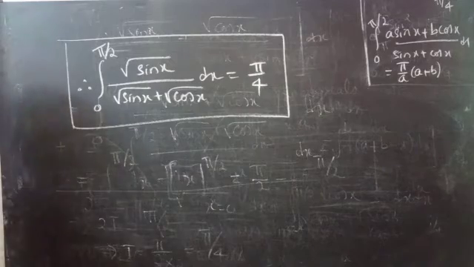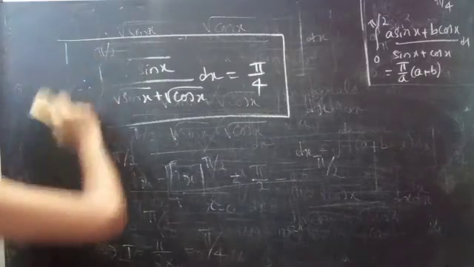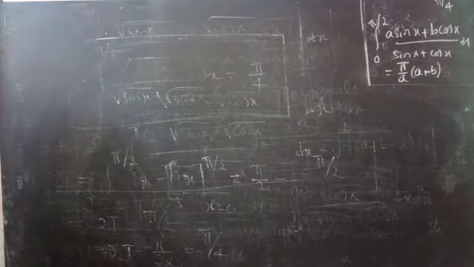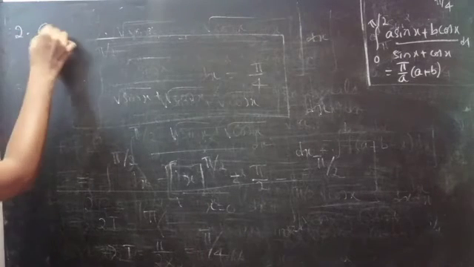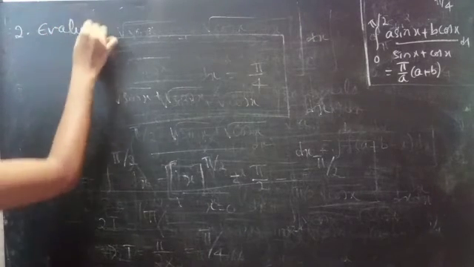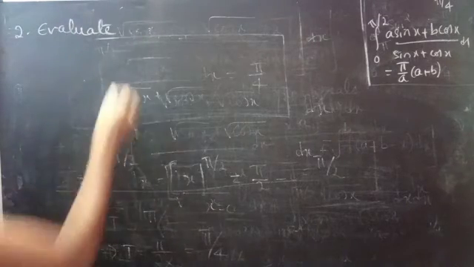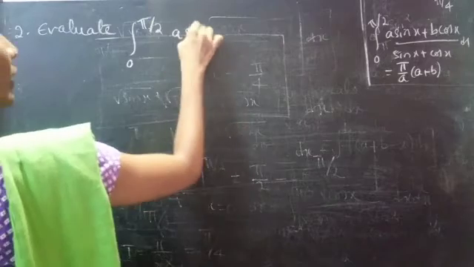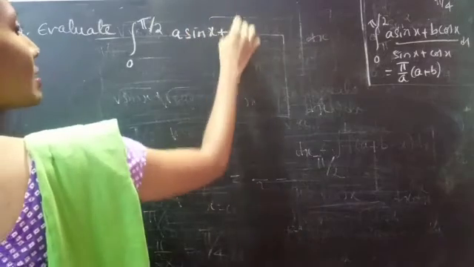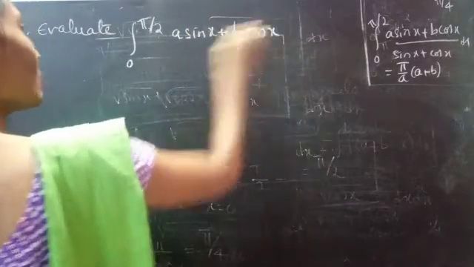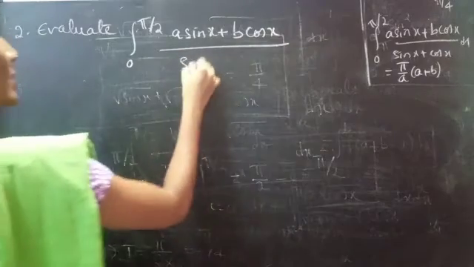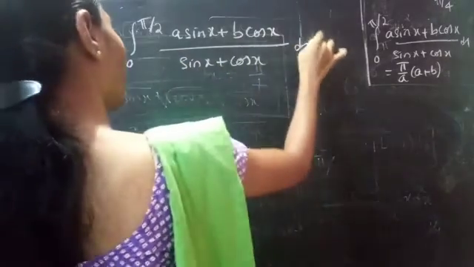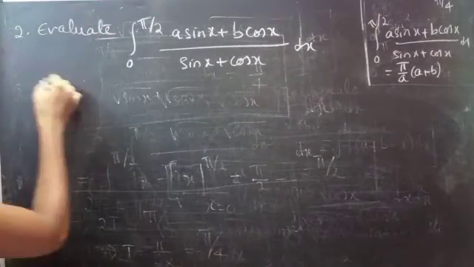Okay, next going to the second one. Evaluate integral 0 to pi by 2 of a sin x plus b cos x by sin x plus cos x dx.